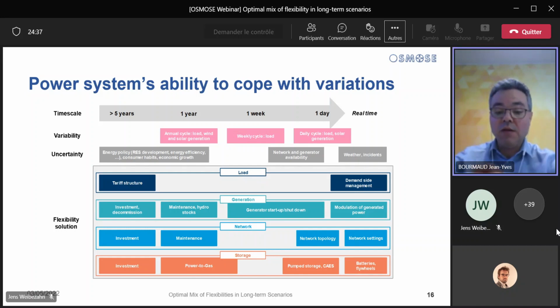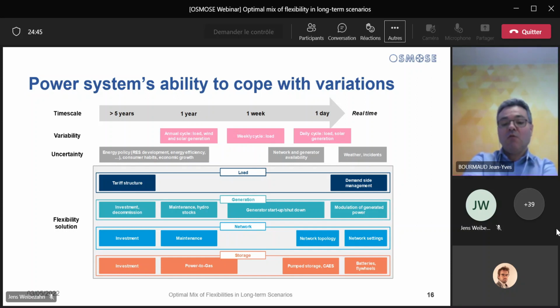There are obviously many ways of providing flexibility to cope with this source of variability and uncertainty. Broadly speaking, one can either modulate generation, namely generation output, one can modulate demand, one can better interconnect to smooth variations with space, or one can store energy in a different form to smooth variation through time.